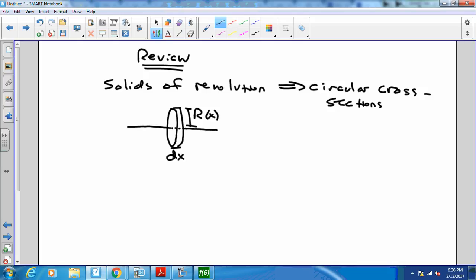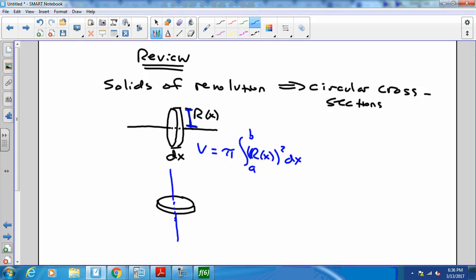Because they have circular cross-sections, the area of my circular cross-section is always going to be pi r squared times thickness. If my cross-section is taken about the horizontal axis, like so, then my radius is going to be a function of x, and therefore the volume will be equal to pi times the integral of r of x squared dx, taken from first to last.